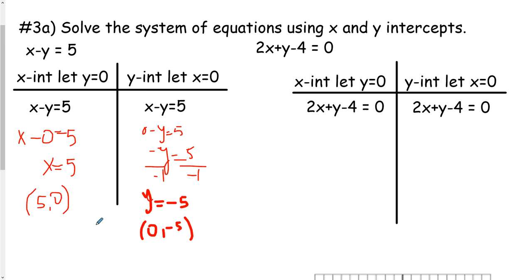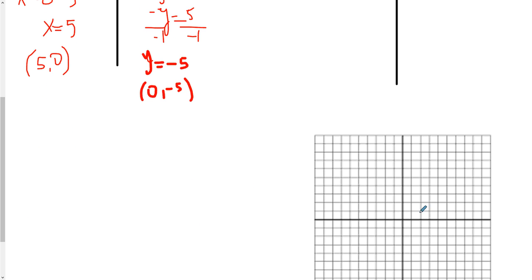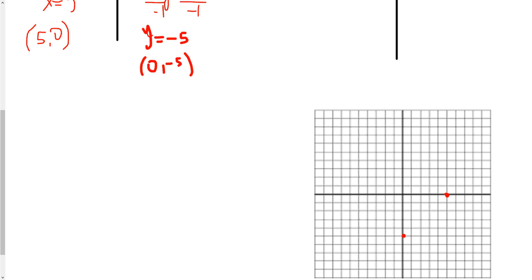Now we have 2 points and we can put those on our graph. The first one is 5, 0: 1, 2, 3, 4, 5. And the other one is 0, negative 5: 1, 2, 3, 4, 5. So you've got 2 points, and you can just join those now and create a nice straight line and then extend it on both sides.